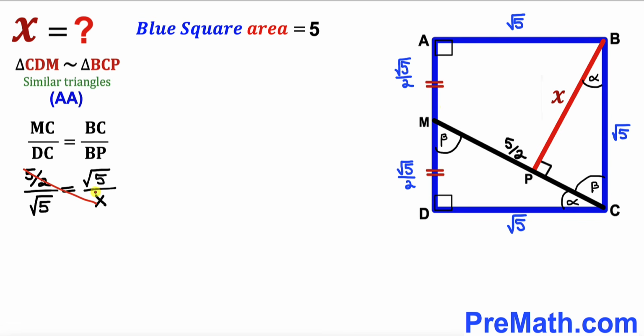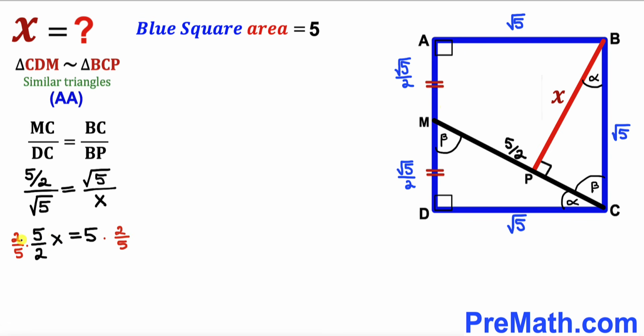Now we are going to cross multiply. We end up with 5 divided by 2 times x equals square root of 5 times square root of 5, which is simply 5 on the right-hand side. Now I multiply by the reciprocal, 2 divided by 5, on the left-hand side, and by 2 divided by 5 on the right-hand side to isolate x.